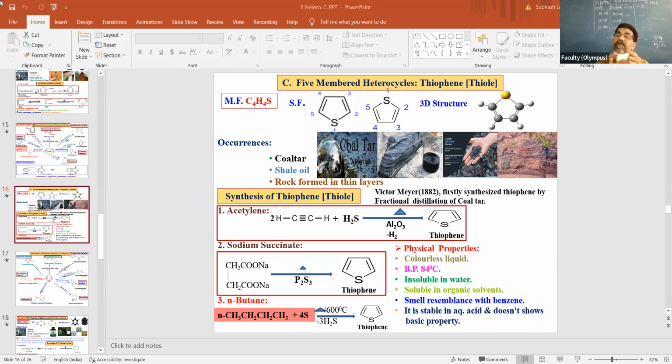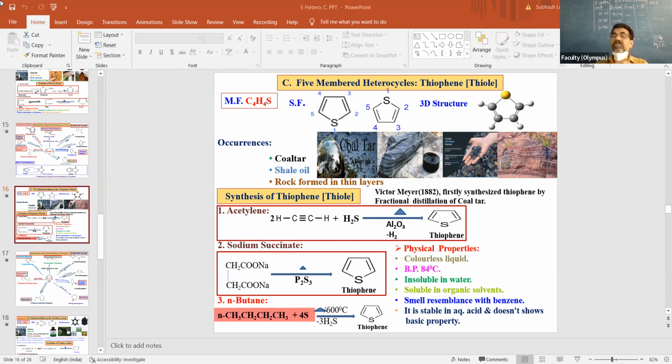Theoretically we can prepare it, or practically it can be prepared by different scientists. Nobody will ask how, in the reaction, but what type of questions will be asked on this type of reaction? They will give either 'complete the reaction: acetylene treated with H2S gives ?' and your answer must be thiophene. They will give options like thiophene, furan, piperidine.